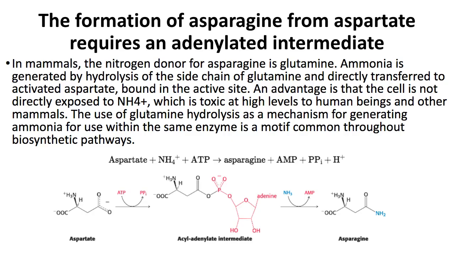And then from here, you have the formation of asparagine from aspartate, which is listed here. The first step is an ATP-dependent reaction where a pyrophosphate group is released, and what is attached is the adenylate. Then some free ammonium ion replaces the adenylate, and you have a free amino group here.